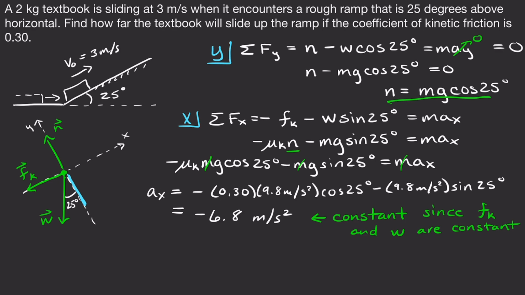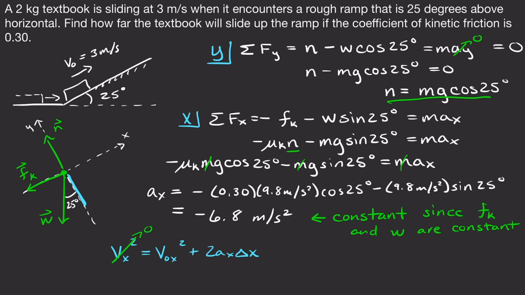So we know the acceleration, we know the initial velocity. We also know the final velocity because it's going to be 0 when it stops. So if I am looking for distance and I don't know anything about time, I need to use this kinematic equation. Okay, my final velocity is going to be 0 when it stops.